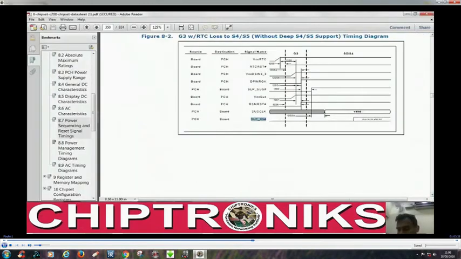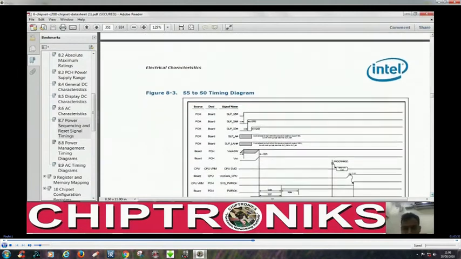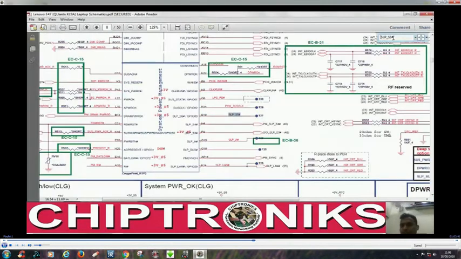Next, the PCH generates SLP underscore S4 and SLP underscore S3, and after the PCH generates them, the various voltages get turned on, because SLP underscore S4 will enable the various voltage regulators.